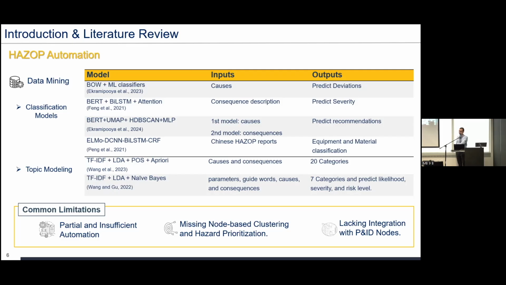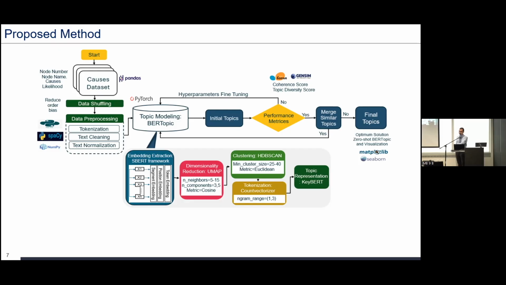So in this paper, we focus on the second limitation. To address this limitation, we developed a model using BERTopic, which is the most advanced topic modeling technique. Starting with data pre-processing, then embedding to convert HAZOP elements into high-dimensional vectors, then reducing dimensionality using the UMAP algorithm, then identifying the main topics or clusters using HDBSCAN, then identifying the most meaningful keywords that represent each topic.